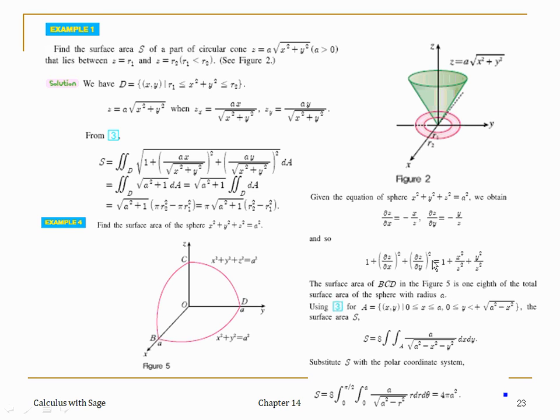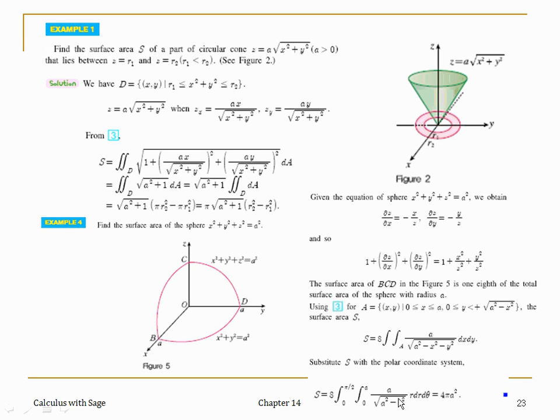After we simplify the function like this, the square root of this, we can easily substitute in polar coordinates. So x squared plus y squared turns into r squared, and dx dy turns into r dr d theta. And here r goes from 0 to a, and theta from 0 to pi over 2.